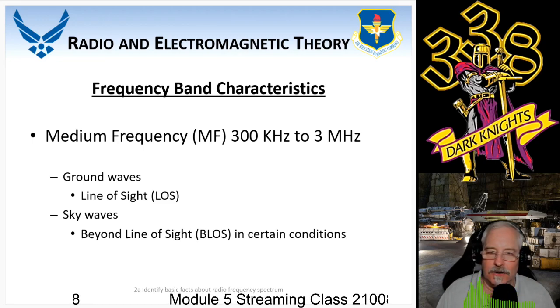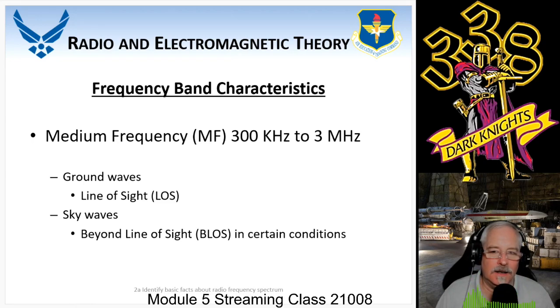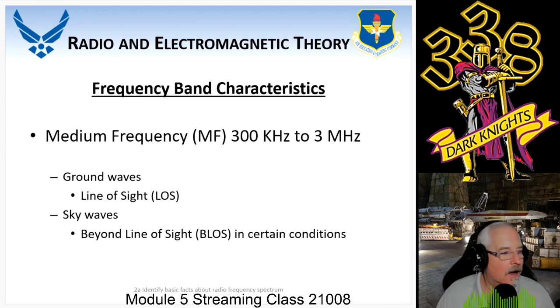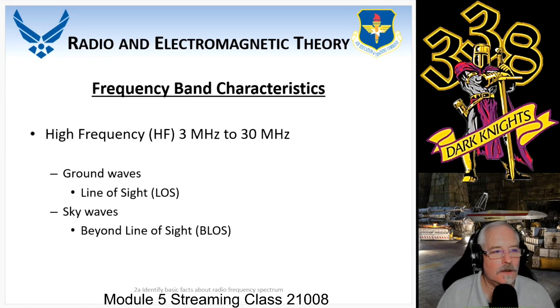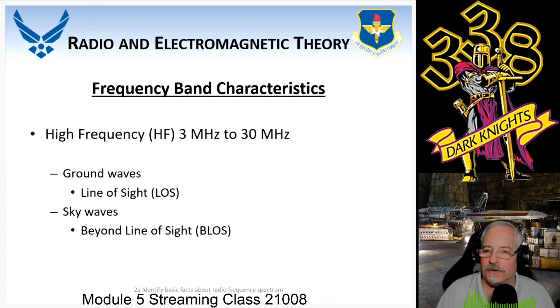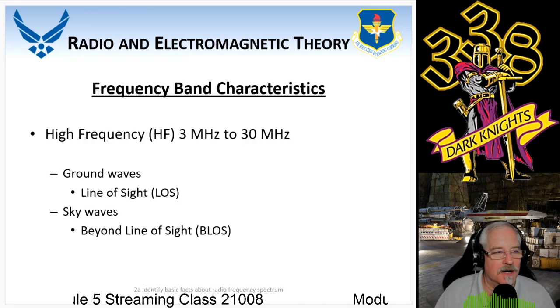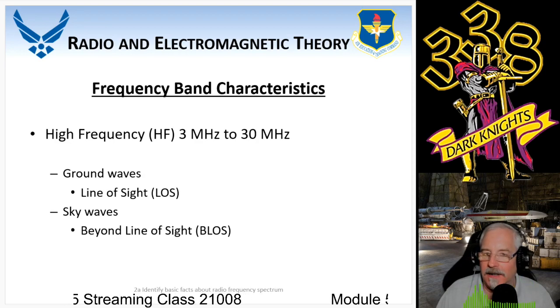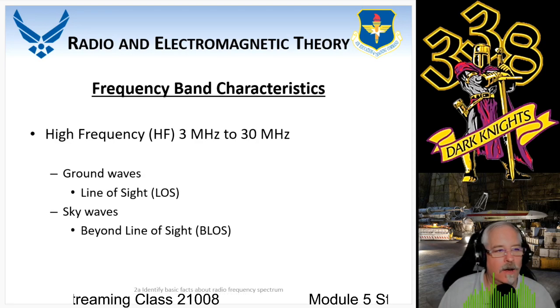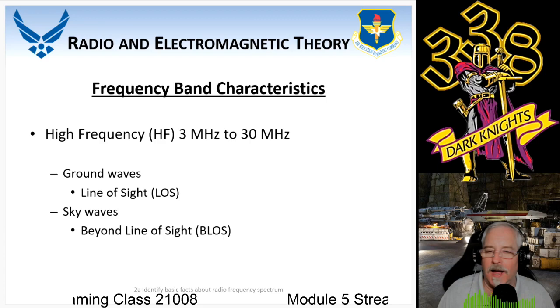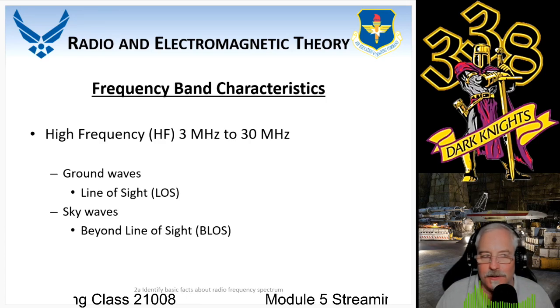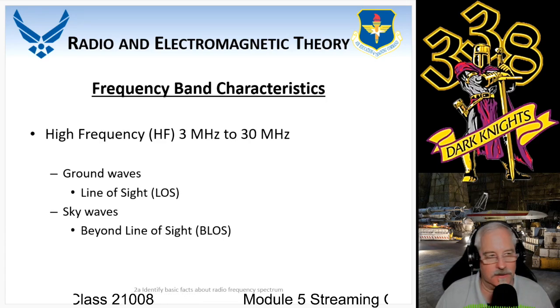That has everything to do with what's happening in the troposphere and the ionosphere. Then you have HF. This is your ground waves and beyond line of sight. So if you have a small transmitter, then ground waves is the way to go. If you have a somewhat more powerful transmitter, you can go a pretty far distance.